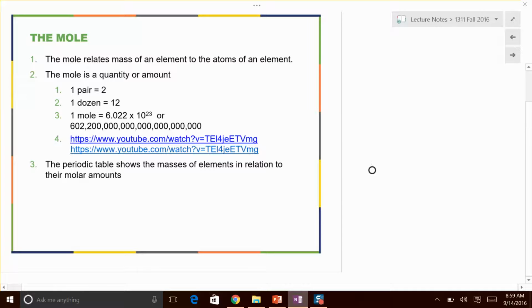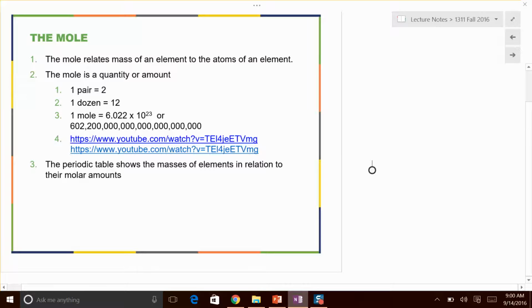Okay? So that means if I measure out on a scale 22.98977 grams of sodium, I have exactly 6.022 times 10 to the 23rd atoms of sodium in that sample of sodium.